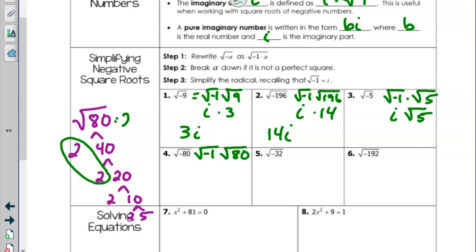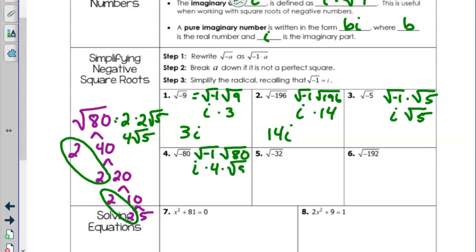A pair of 2's breaks out and becomes 1. One more pair of 2's break out and become 1. The 5 stays underneath the radical. Now 2 times 2 gives us 4 square root of 5. So now we have negative 1 is i, and then we have 4.